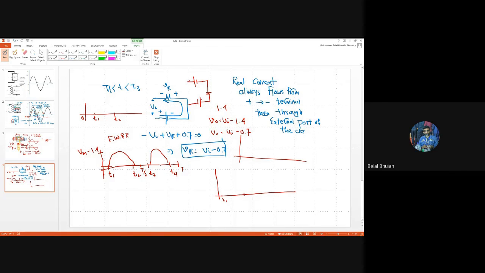T1, T2, T by 2, T3, T4, capital T. And here the peak is Vm minus 0.7.